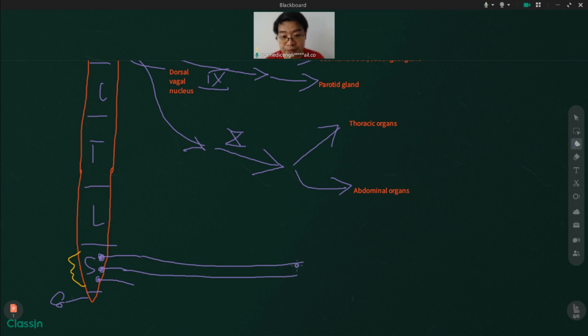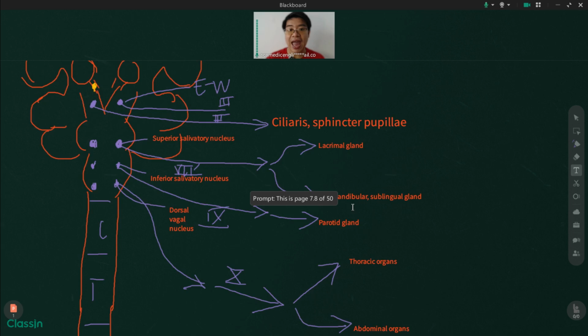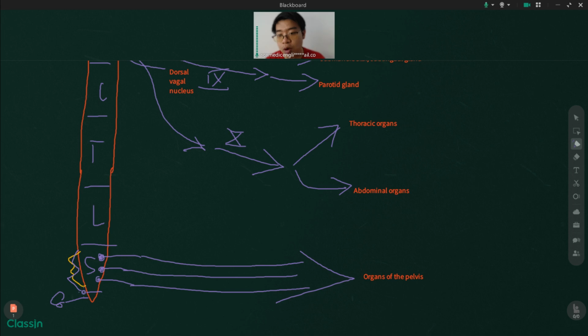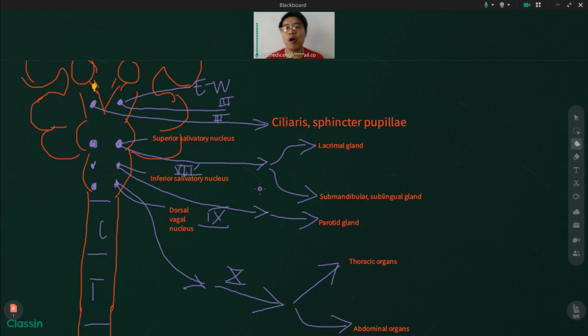They will innervate mostly the organs of the pelvis. That's it. So the scheme of the parasympathetic nervous system is craniosacral. We have cranial up here and sacral down here. You understand?